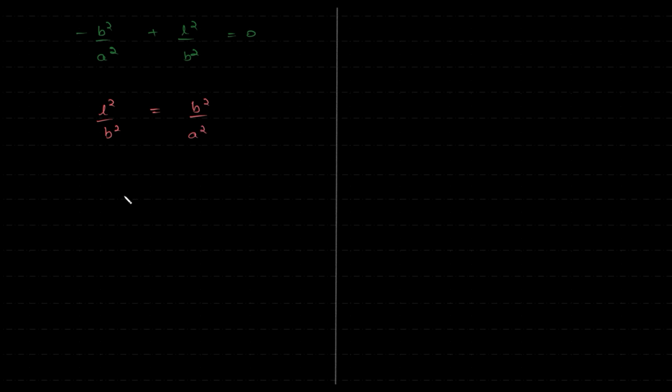Remember, L is half the length. And then we have L squared is equal to b to the power of 4 by a squared. And on taking square roots, what do we end up with? L is equal to b squared by a.